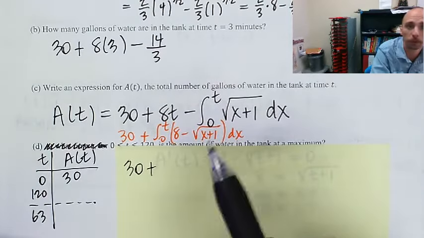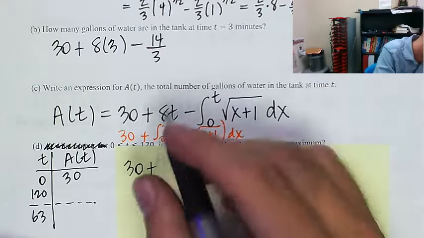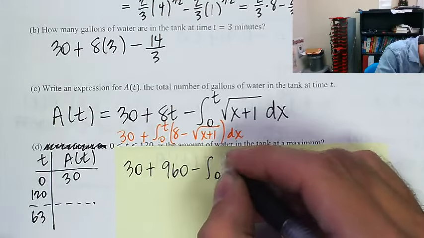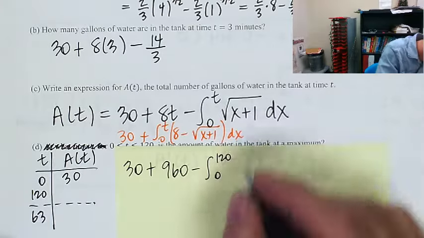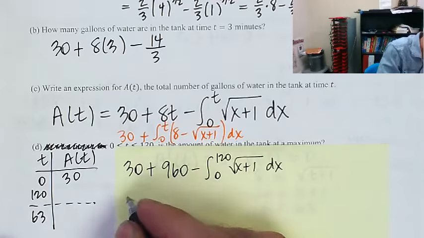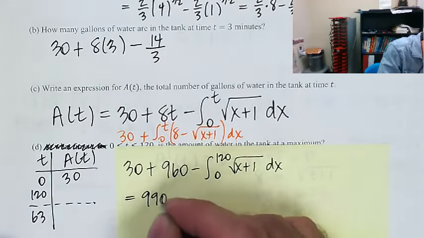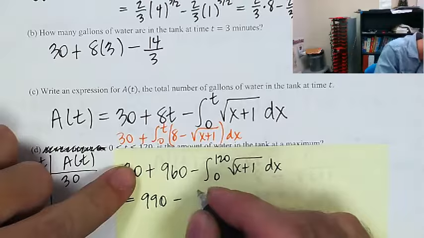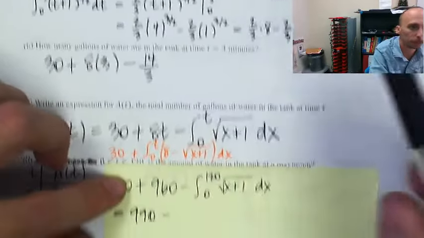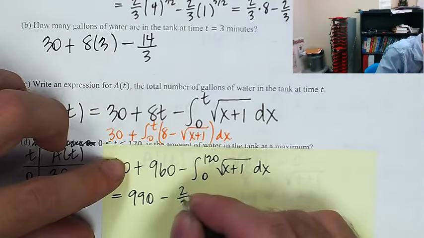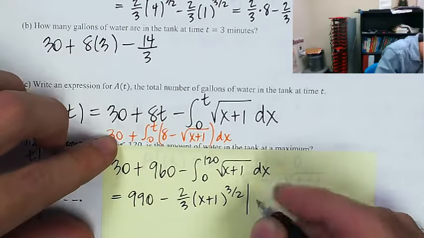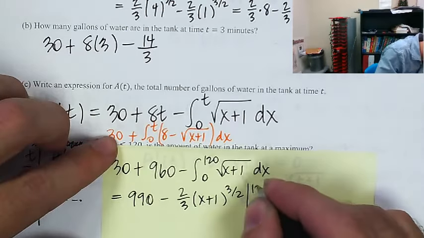We are expected to know our times tables up to 12 times 12. 12 times 8 is 96, so that's 960, minus the integral from 0 to 120 of the square root of x plus 1 dx. That equals 990 minus, we know from the integration we did before up here, the antiderivative is 2/3 (t plus 1) to the 3/2, as x runs from 0 to 120.